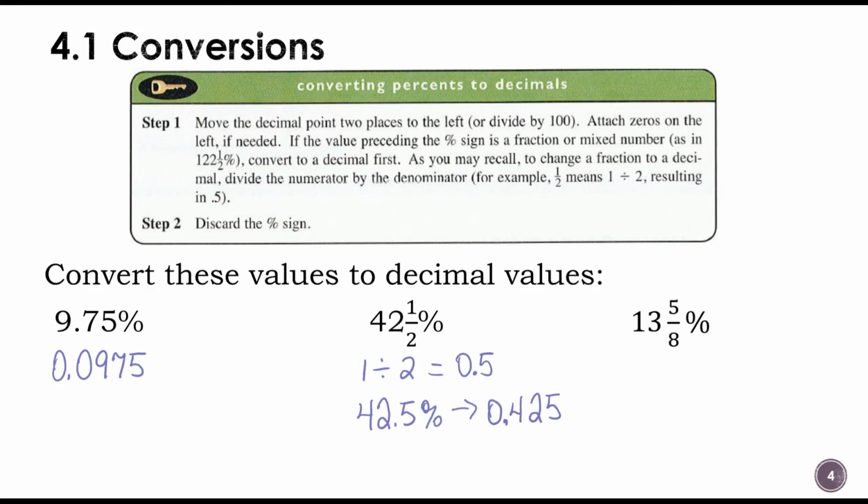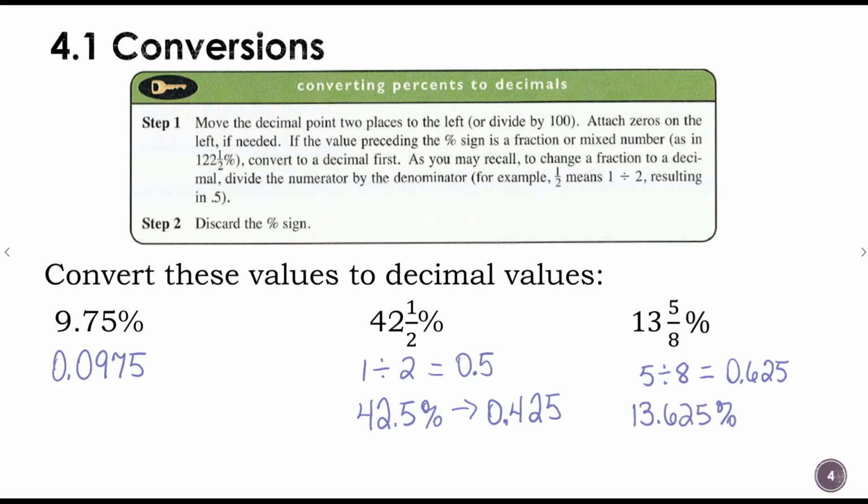Now on the next one, we're going to convert 5/8 to the decimal first, and then we will go from there. So 5 divided by 8 is 0.625. 7/8 is 0.875. And then I'm going to write this as 13.625. And that is still a percent, you guys.